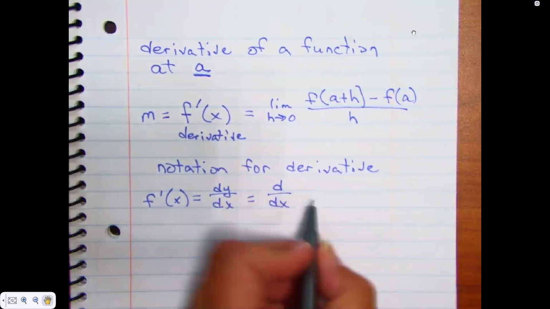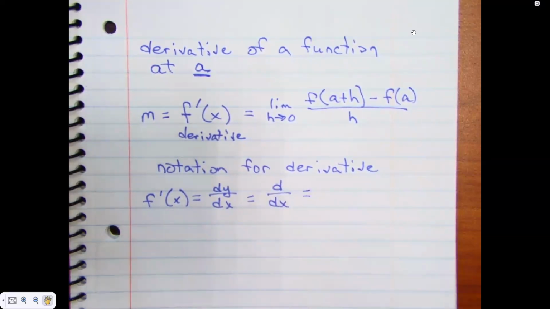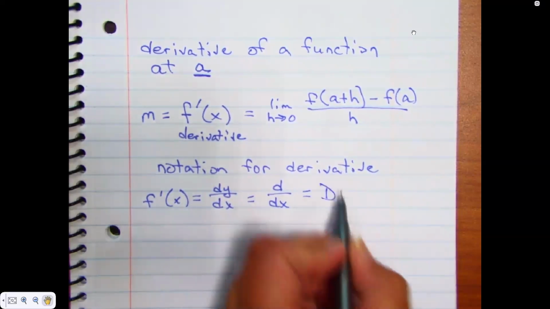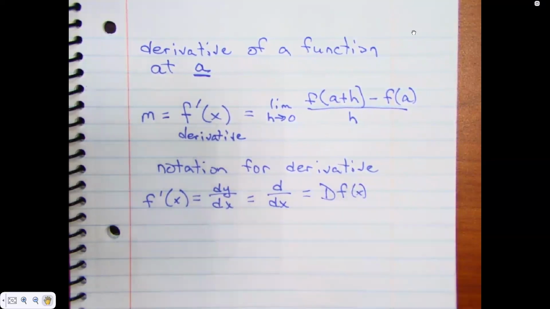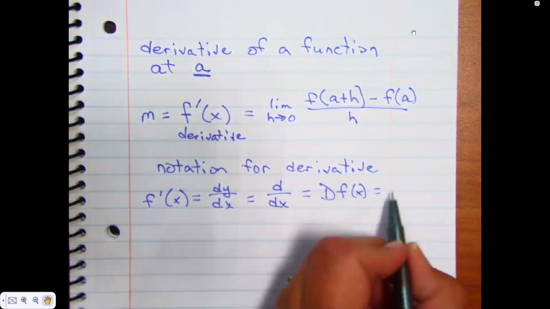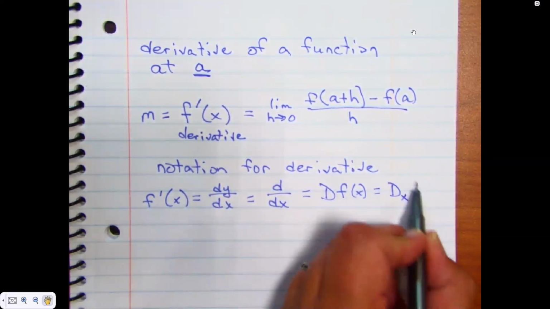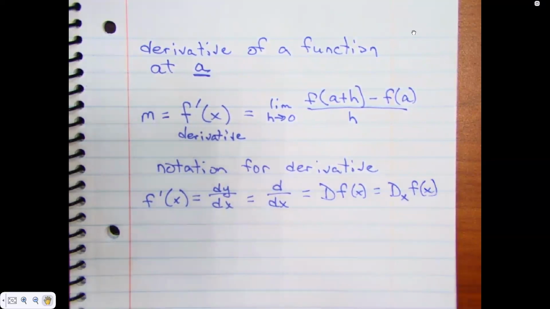I don't use this as much. I think this came about just for typing. It was easier. They would do capital D of f of x. You've got to remember, even in the 70s, it was hard for textbooks to type. They did do a little subscript, like d sub x of f of x. All right, I think that's pretty good.